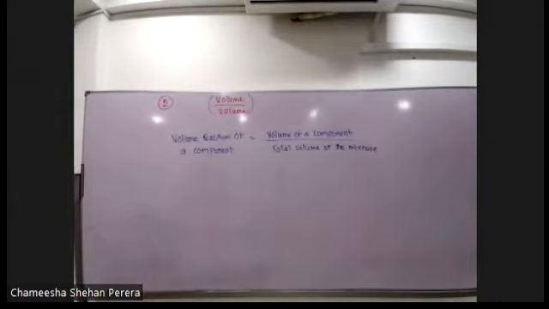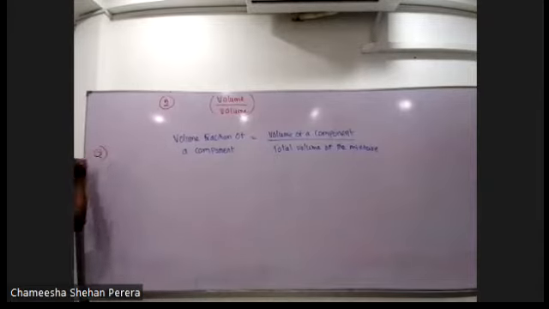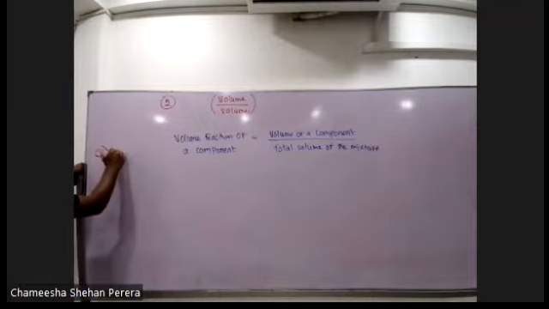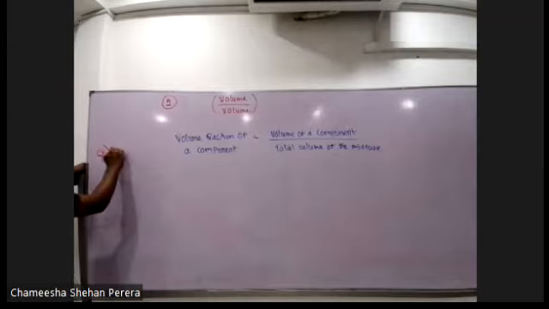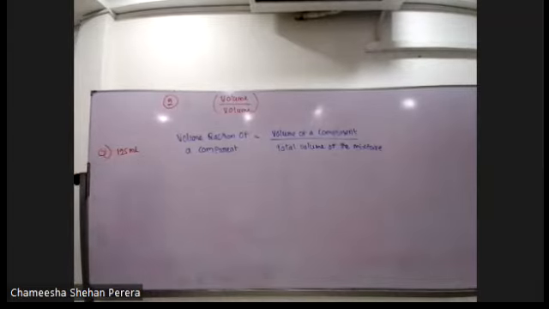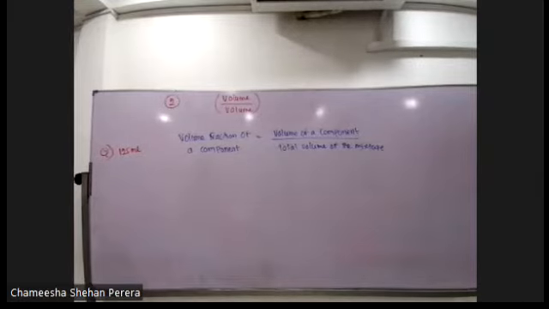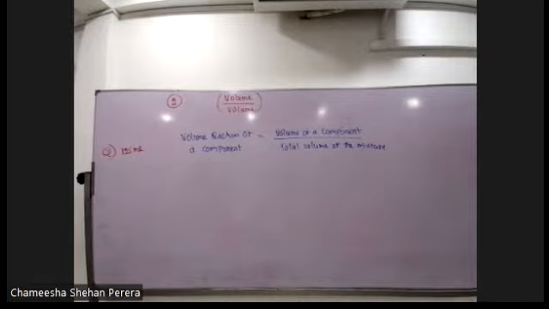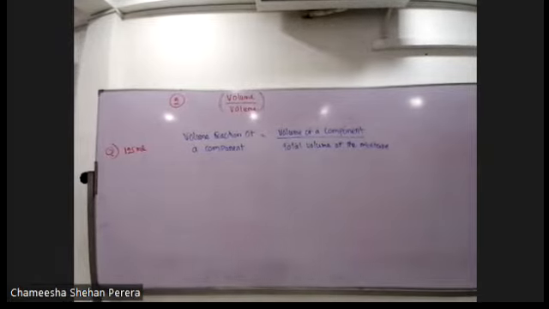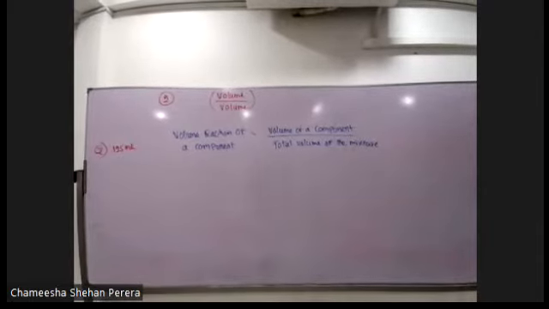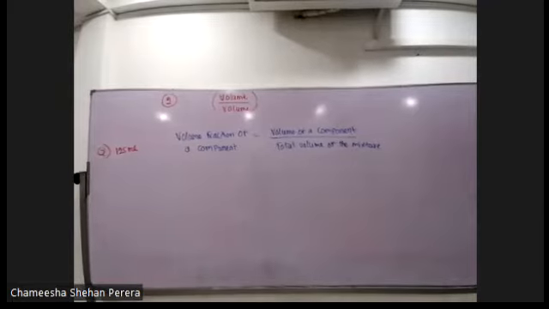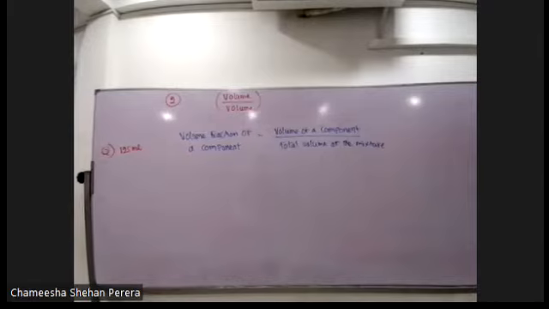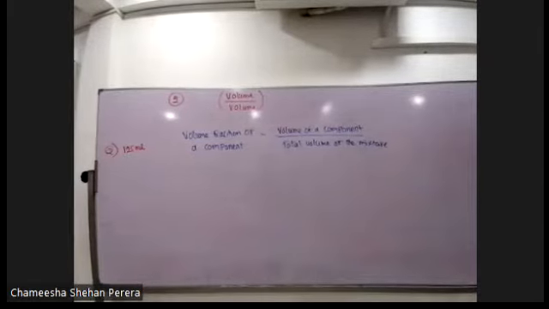Right. Hope you're done with this, and I want you to write the question. 125 ml of ethanol is mixed with 1000 ml of water to make an ethanol solution.